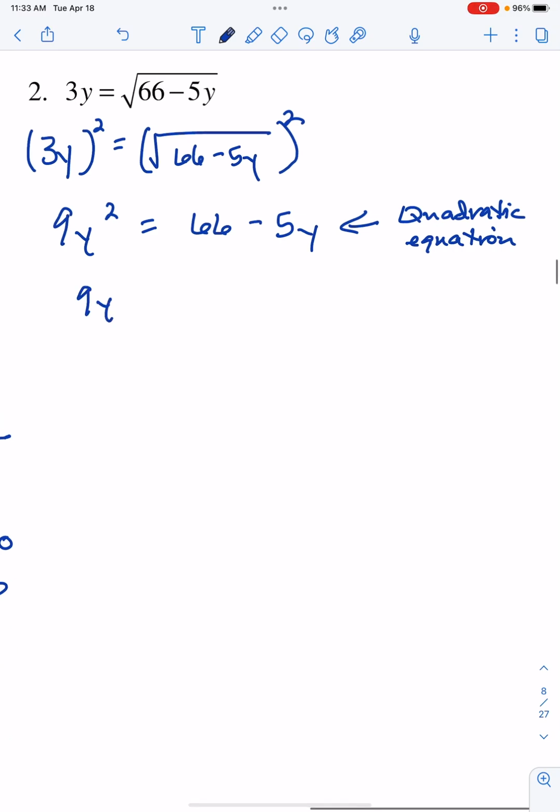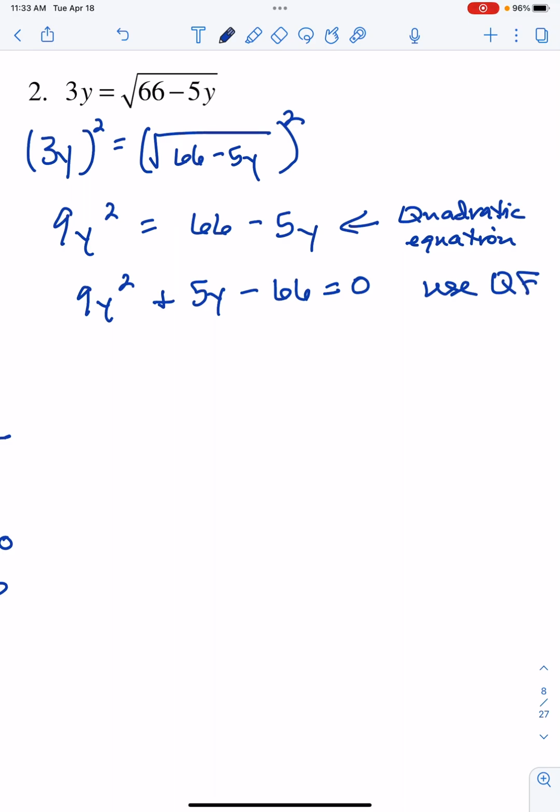I'm going to do 9y squared plus 5y minus 66 equals 0. And I'm going to use the quadratic formula. There's no way I'm going to complete the square on that because I'd have to divide everything by 9. And I'm not going to spend too much time trying to factor that. A is 9, B is 5, and C is negative 66.